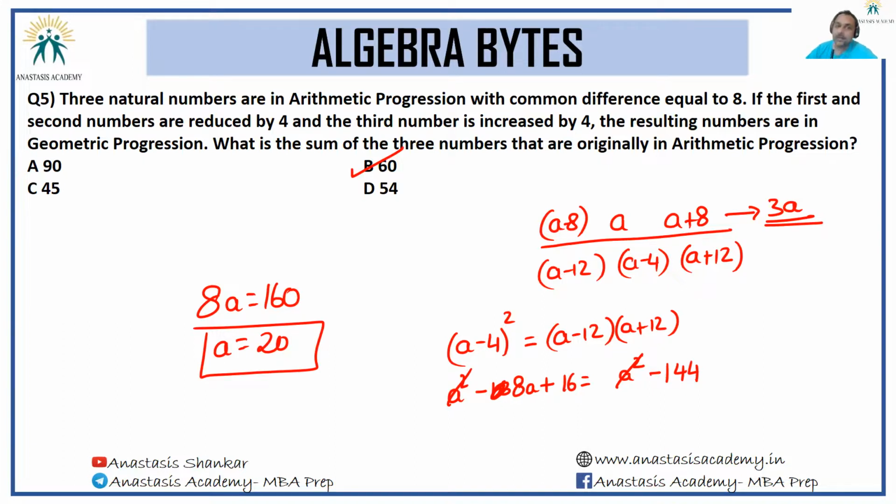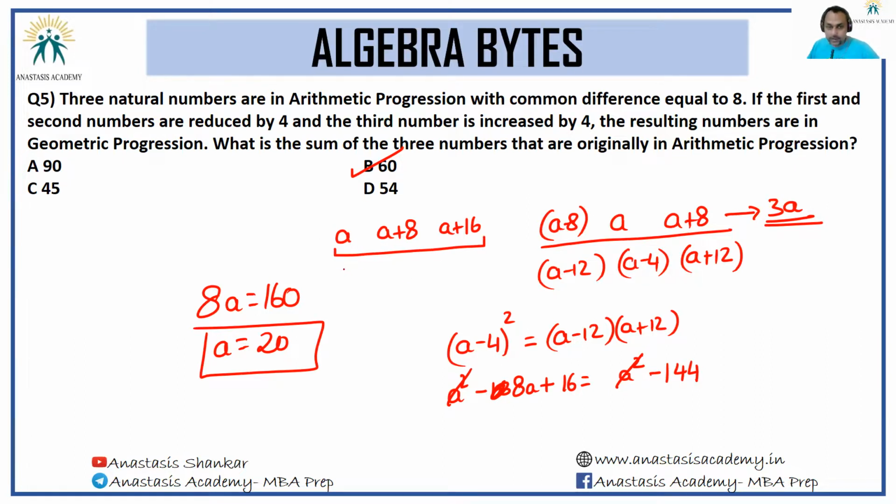Hopefully nobody fell into the trap of taking the 3 variables as a, a plus 8 and a plus 16. See, whenever you have 3 numbers or 5 numbers, odd count of numbers which are in AP, always take the middle term as a. The processing is simpler, not that mathematically it would be wrong.